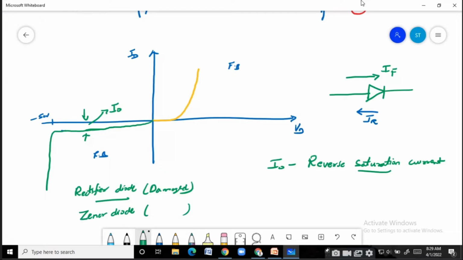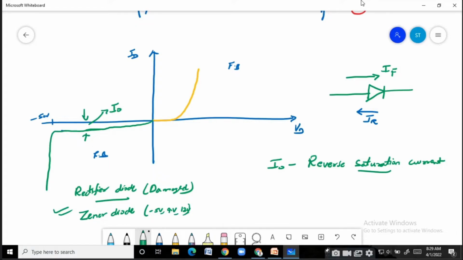They have various breakdown values. They don't typically have such a high breakdown. They may have a breakdown of minus 5 volts, 9 volts, 12 volts, like this. So Zener diodes reach the breakdown region very early.